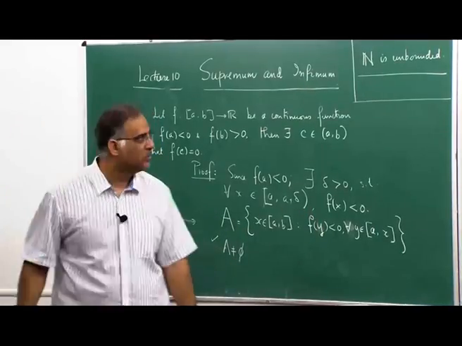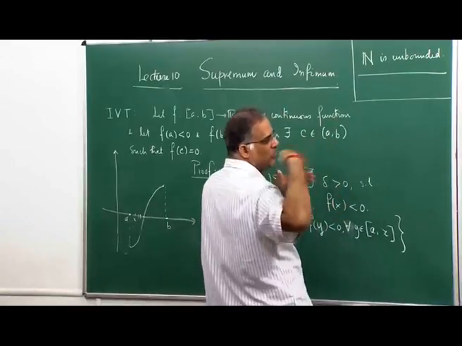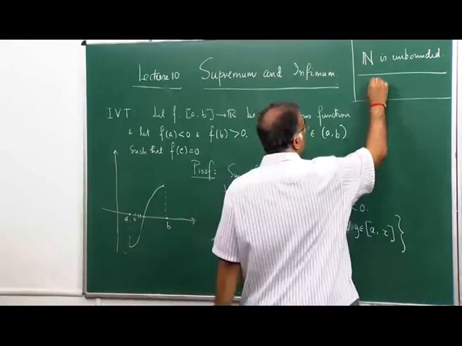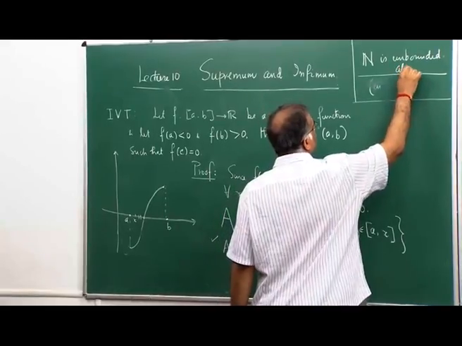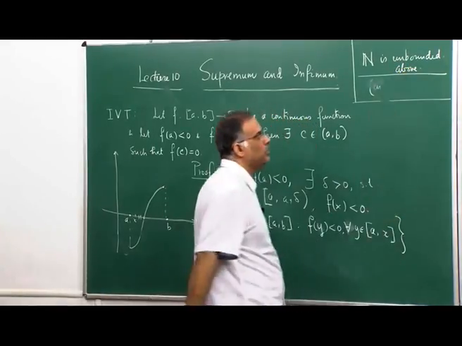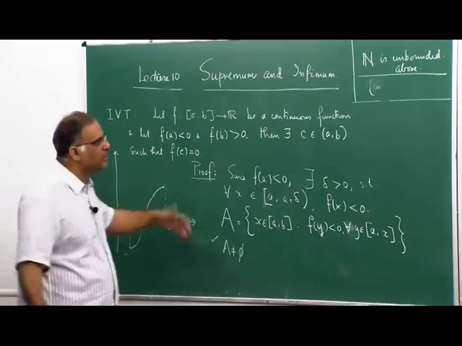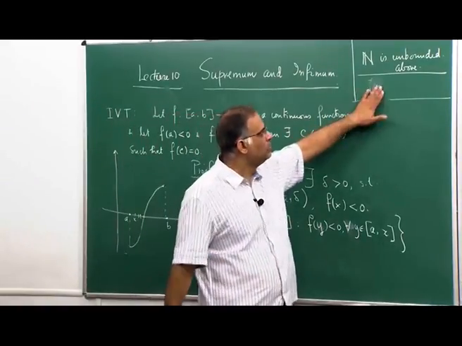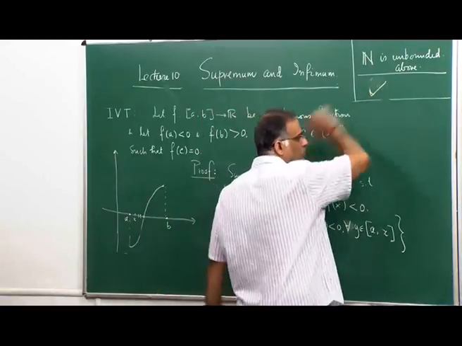So it is unbounded above maybe, there is no supremum. So assume that there is a supremum and show some contradiction. That can be your coffee time job.